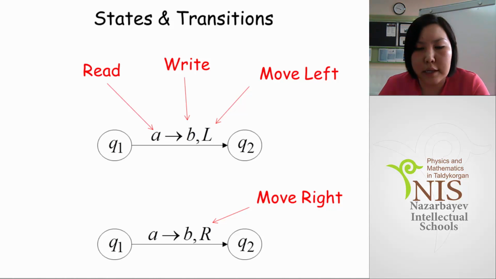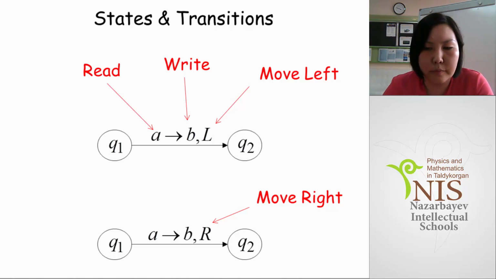The starting state here is Q1, and in this state the head reads the letter A. It has to write the letter B instead of A, move the head left, and change the state to Q2.